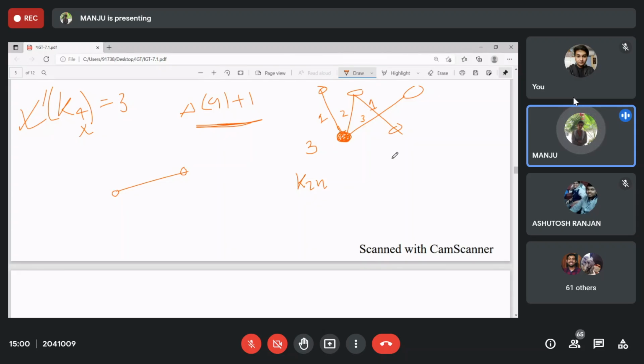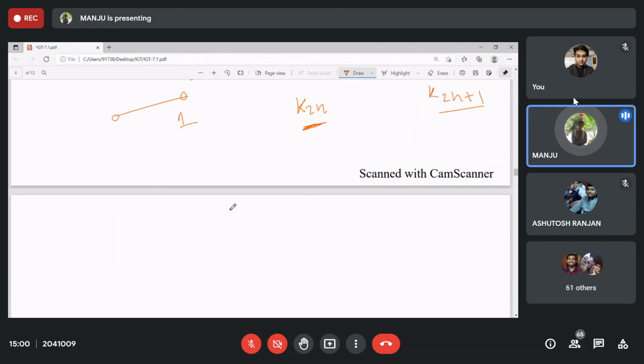It can be K2n plus 1 as well, right? So you find it for K2n plus 1 and generalize for K2n as well. For K2, n is equal to 1, so K2 needs 1 only. K4, it is 3.